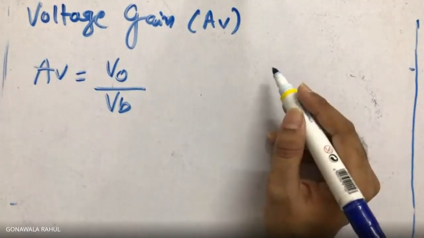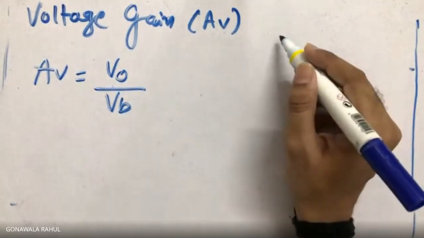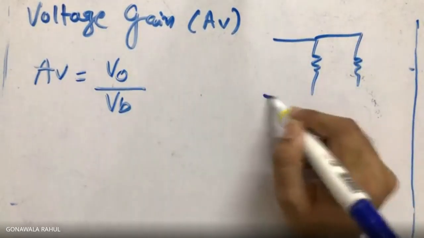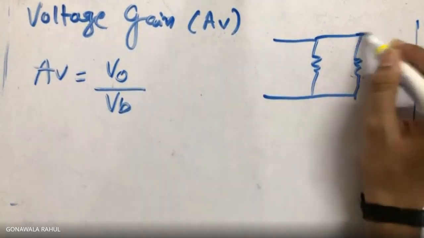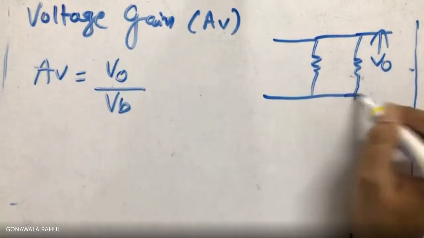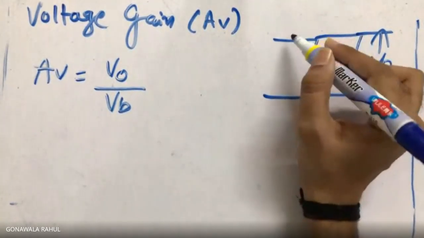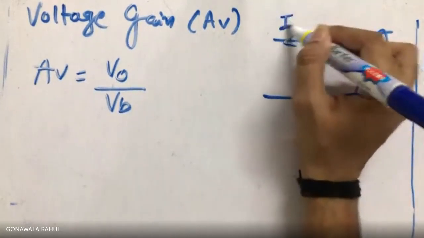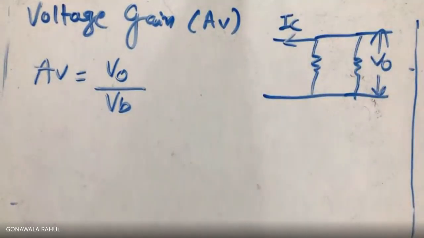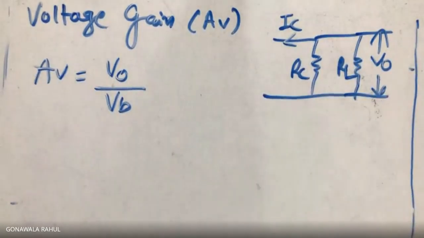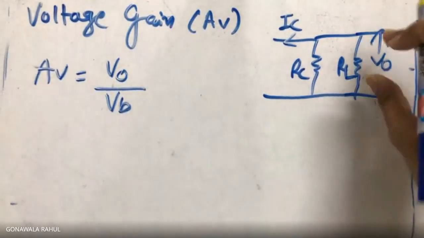At the output side, the circuit was like this. Here we had V0. The current flowing direction was like this, which is minus IC. This is RC and this is RL.